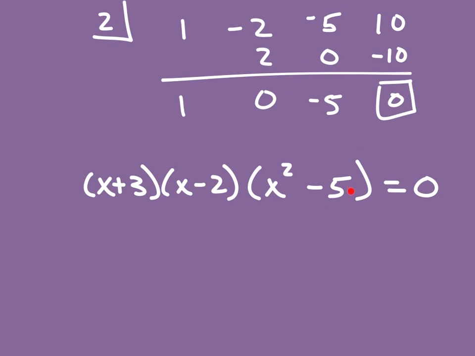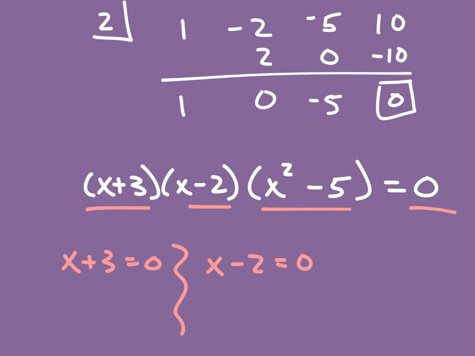Because this is factored, I can just set that equal to 0 and solve this. If you weren't able to factor this down again, you would have to use the quadratic formula to solve that portion. But because we don't have to do that, we're going to set each of these equal to 0 and solve for x.